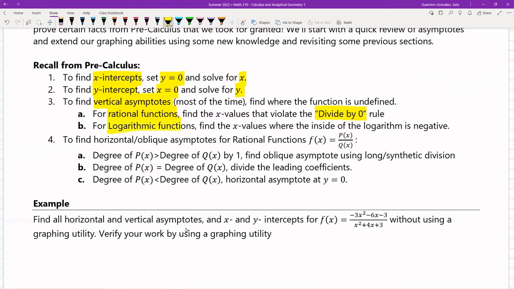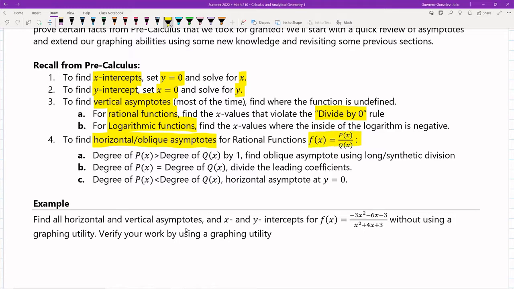And then for logarithmic functions, you found the x values where the inside of the logarithm became negative, okay? Wherever that happened, that's where you're going to have a vertical asymptote, right?